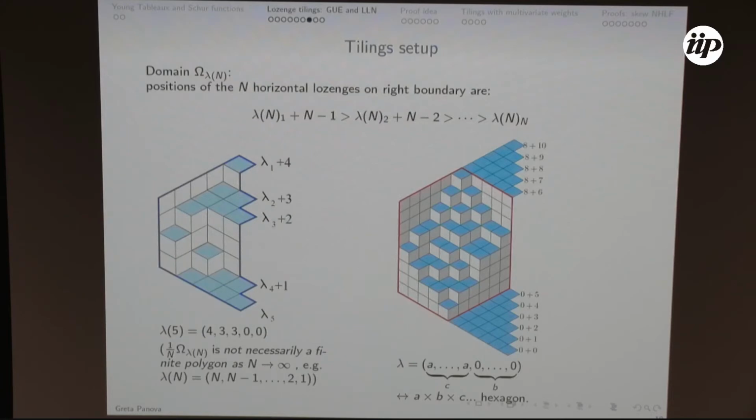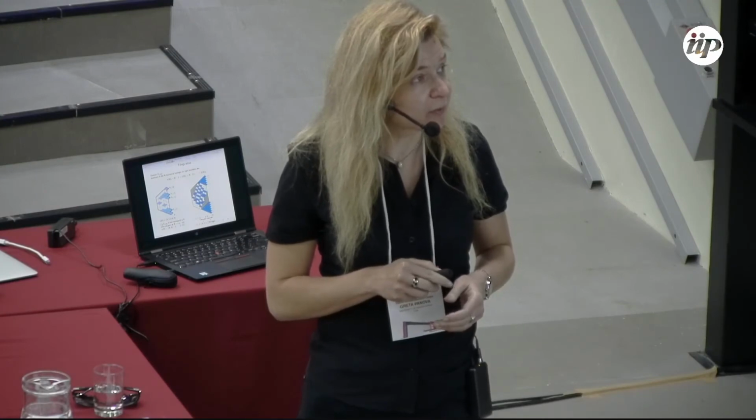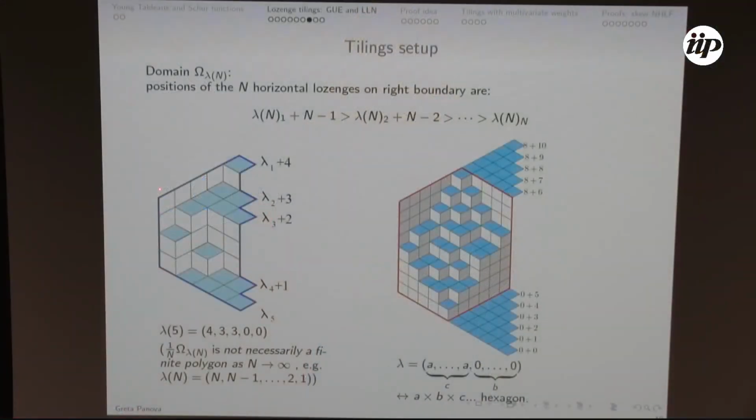In general, it is very hard to study this tiling. So we start with the domain, which will have three straight lines for these borders, and then on the vertical right end, we are going to impose the positions for the lozenges on this line. So we start counting 1, 2, 3, 4, 5.